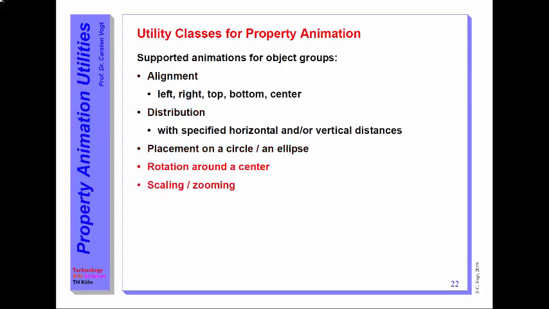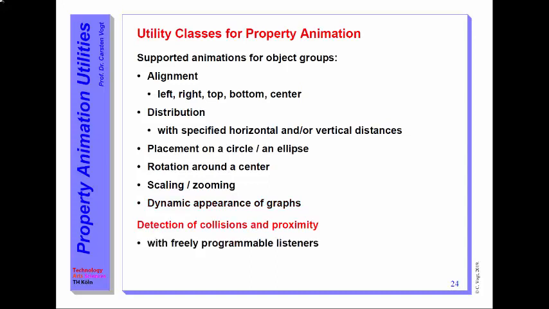We can rotate objects around a center and we can scale, we can zoom them with reference to the center. We can let graphs appear dynamically, and we can detect collisions and proximities of objects, and we can react to them with freely programmable listeners. We can react to touch events and gestures.